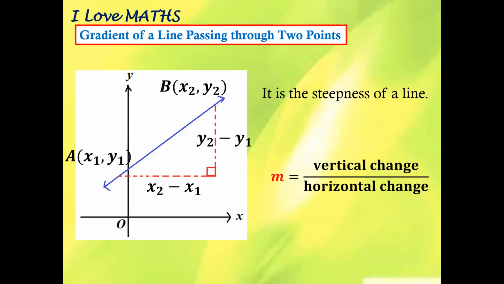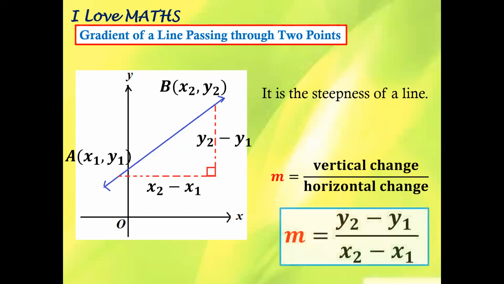Replacing this in m equals vertical change over horizontal change, we have m, the gradient, equal to y sub 2 minus y sub 1 all over x sub 2 minus x sub 1. And this is the formula for computing the gradient of a straight line given 2 points x sub 1, y sub 1, and x sub 2, y sub 2.